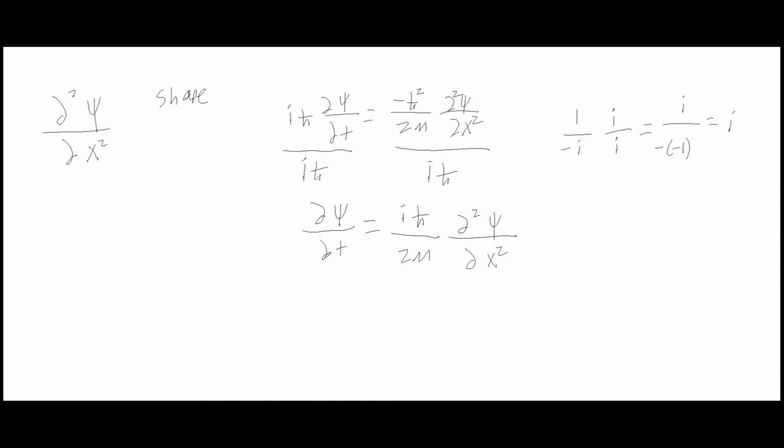Then what we see here is we have a first partial with respect to time equals some constant multiplied by the second partial with respect to space. And this is actually very similar to another equation, which is the first order of this function with respect to time.